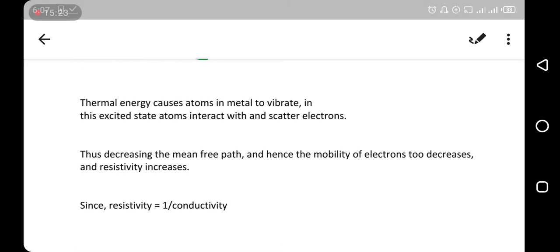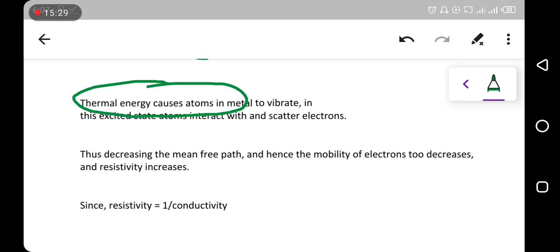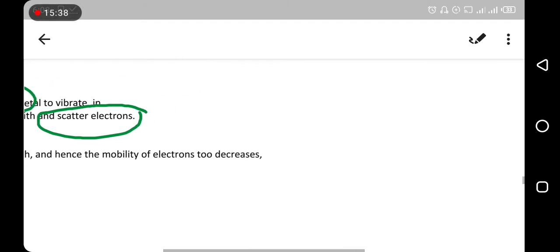So what is the effect behind it? Thermal energy causes atoms in metals to vibrate, and the excited atoms interact with and scatter electrons. Kwa nini inatokea hivyo kwamba katika metal temperature ikiongezeka electrical conductivity inapungua?